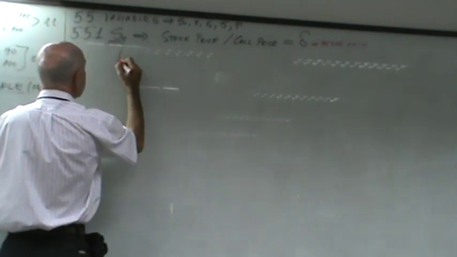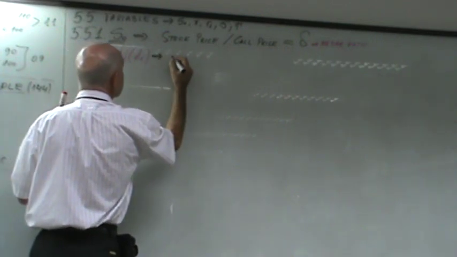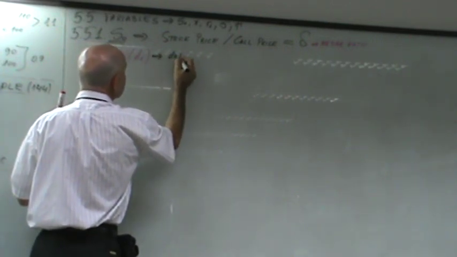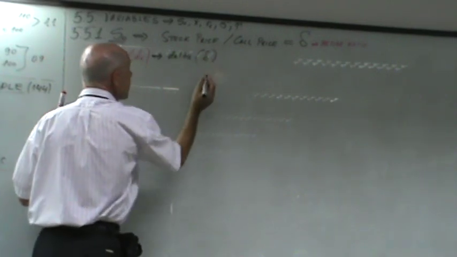If this goes by a unit, that's the one, N(d1). N(d1) is the delta. And the delta is represented by the hedge ratio.